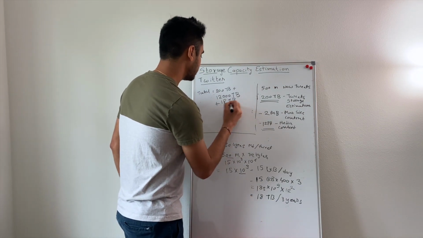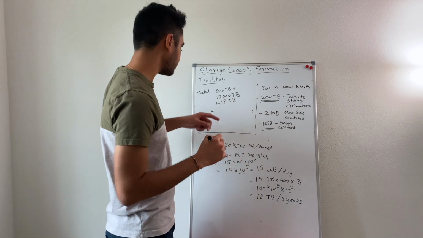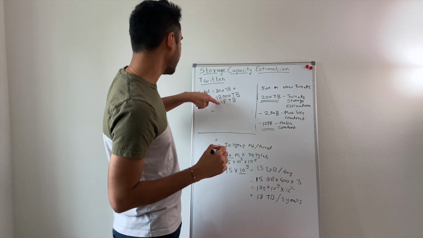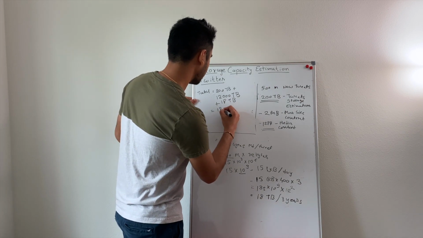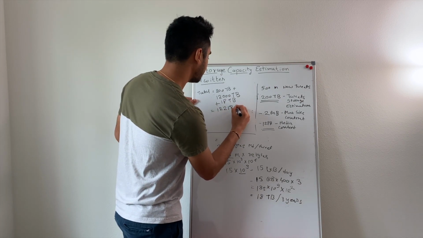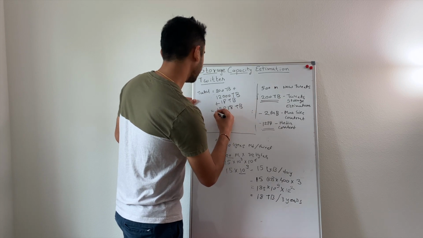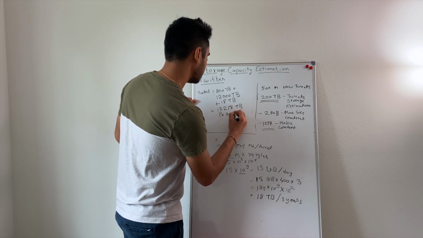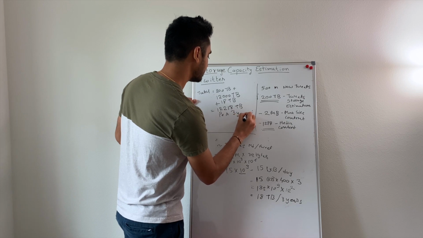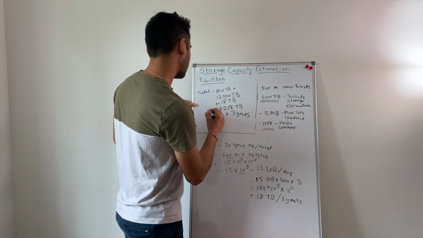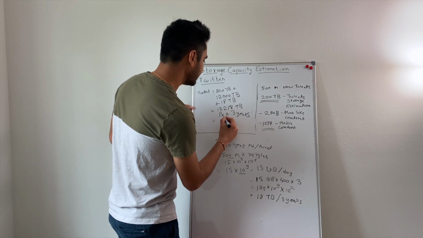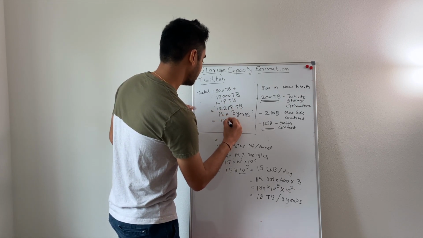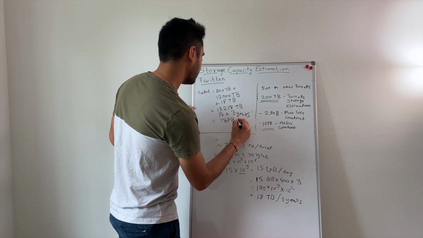So now, let's calculate this: 200 plus 18 is 218, so 12,218 terabyte of total space per 3 years required for Twitter. So 12,218, and you can make this like 12.2 or around 13 petabyte or something, 13 petabyte around.